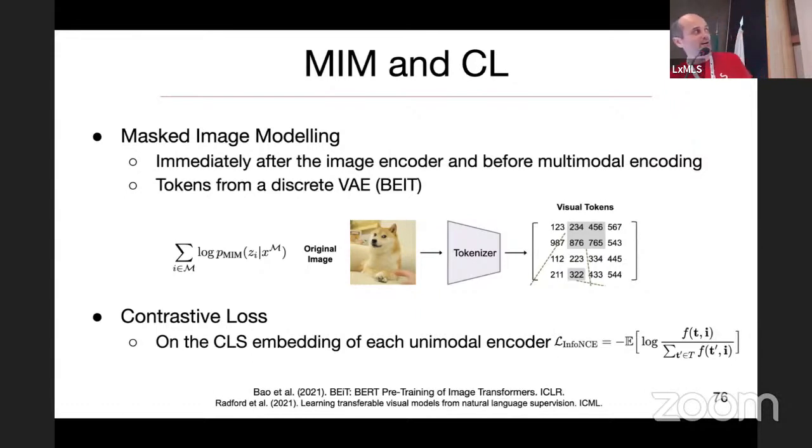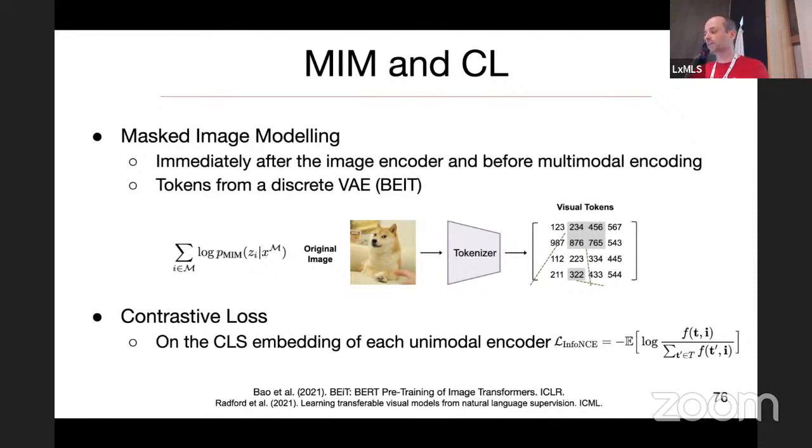So given an input image, for example, of a cute dog, we can tokenize each patch in the image into a particular visual token. I think that byte has a vocabulary size of maybe 8,000 discrete tokens. And so then you can try to optimize directly on predicting which visual token should be associated with a region, and the discrete variational autoencoder is going to assign similar visual tokens to patches that look similar to each other.